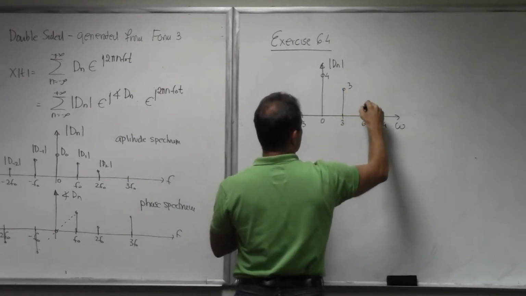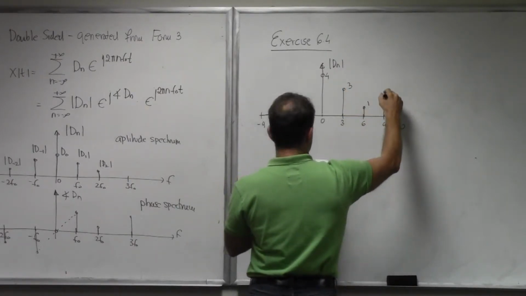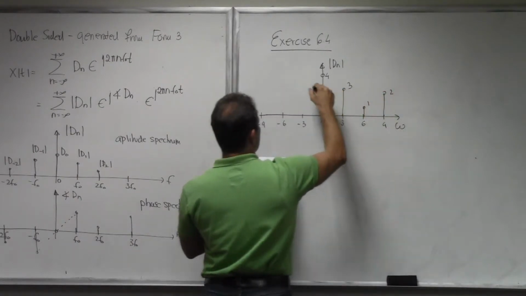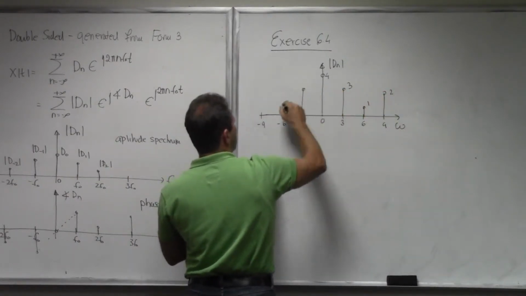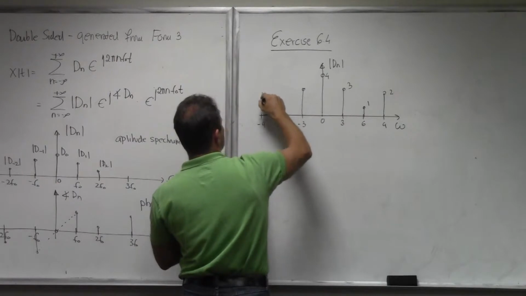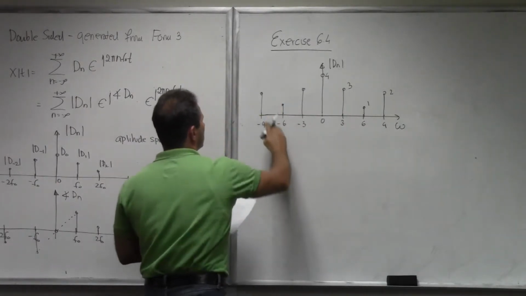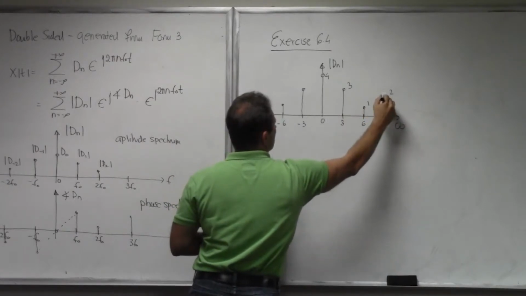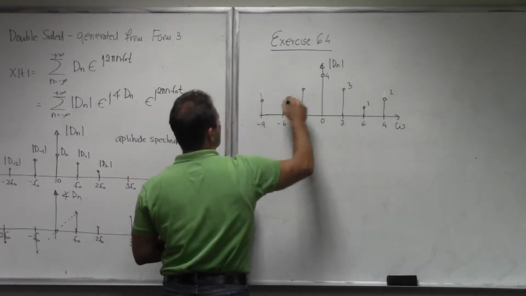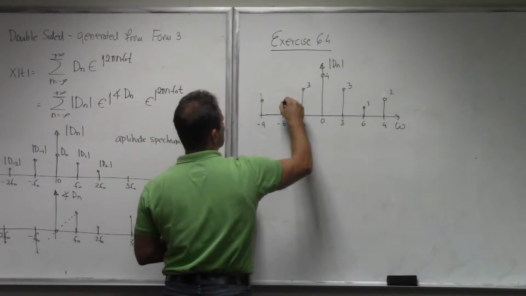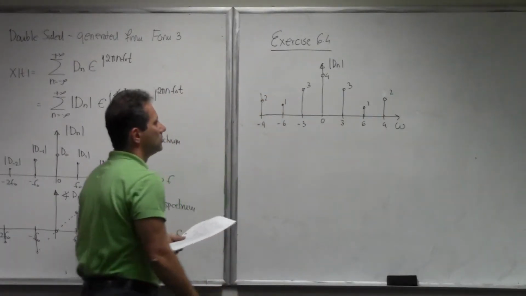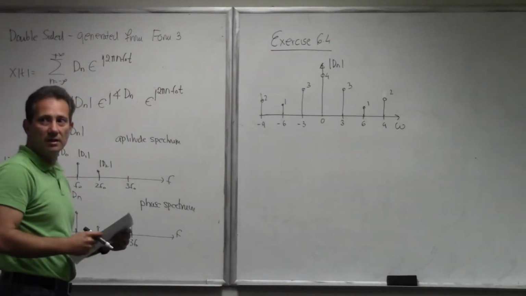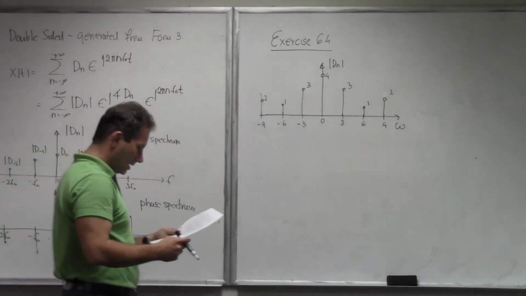The value of this one is 1, and the value of this one here is 2. And then I know that my magnitude spectrum has to be an even function of the frequency. So I know that this has to be 3, this has to be 1, and this has to be 2. So that's the magnitude spectrum.